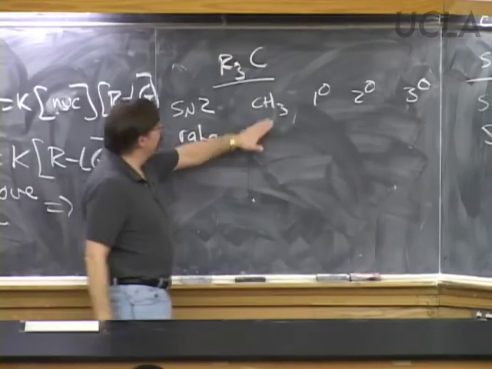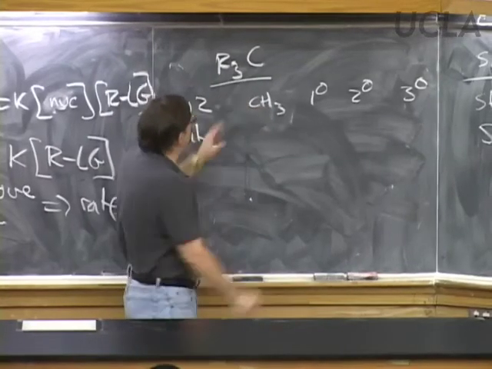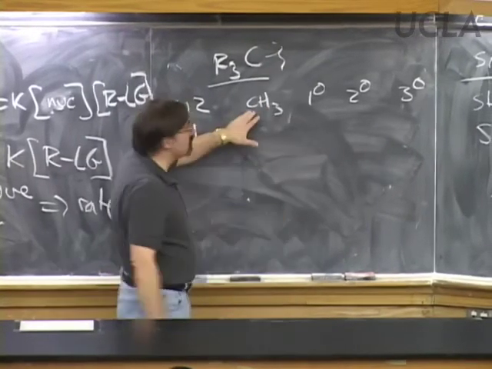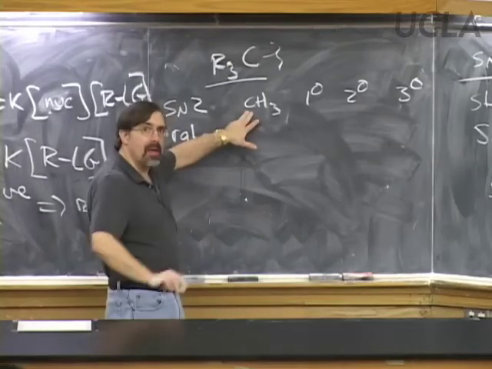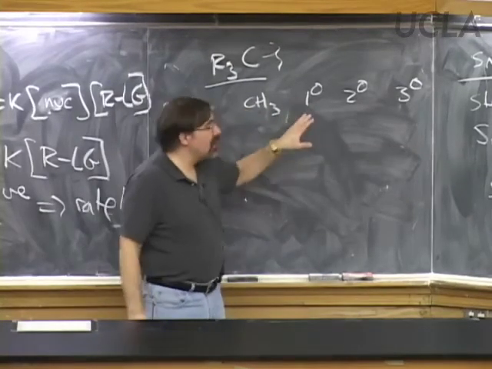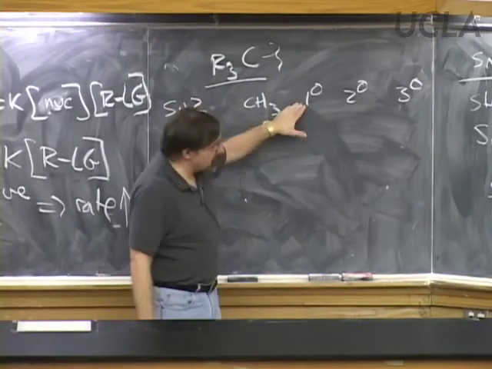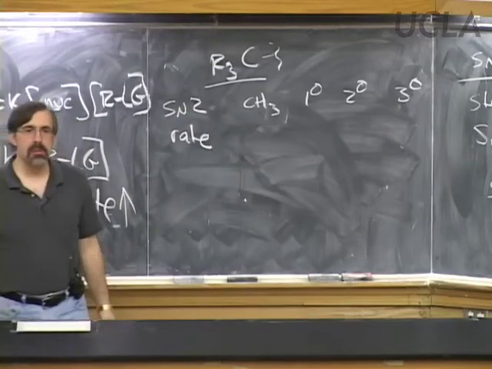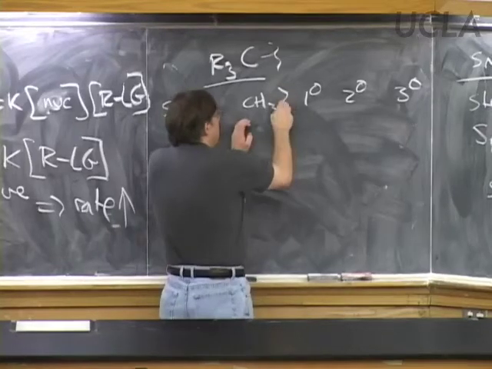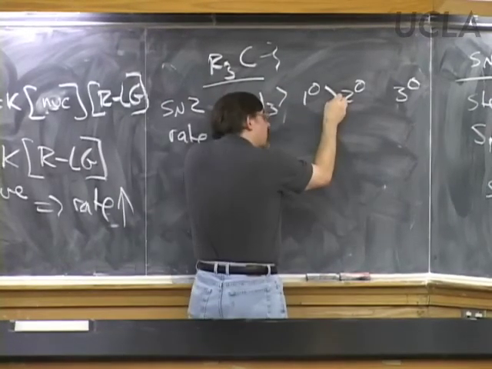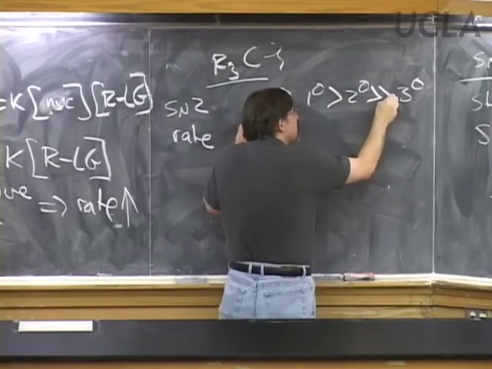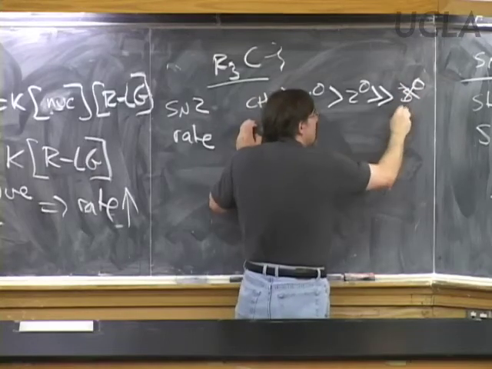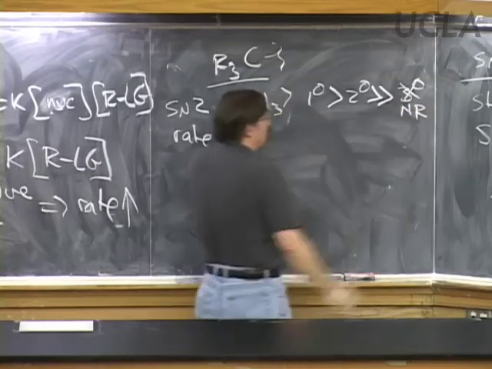Little review here. When the leaving group is attached to a methyl carbon, everything else being equal, is that slower or faster than when the leaving group is attached to a primary carbon in an SN2 reaction? Right, faster. Primary faster than secondary, secondary much faster than tertiary, so much that we say tertiary is NR.